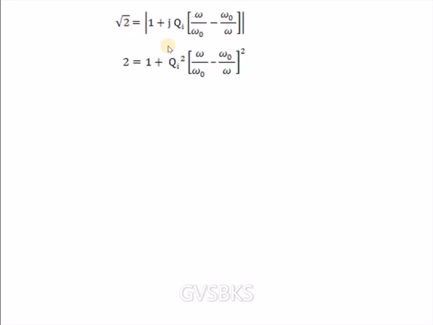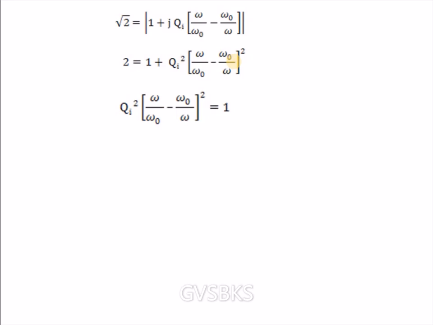If we take square on both sides, 2 is equal to 1 plus Qi square into omega by omega naught minus omega naught by omega whole square. Therefore, if we take this 1 to the left hand side, then the equation becomes Qi square into omega by omega naught minus omega naught by omega whole square equals 1.